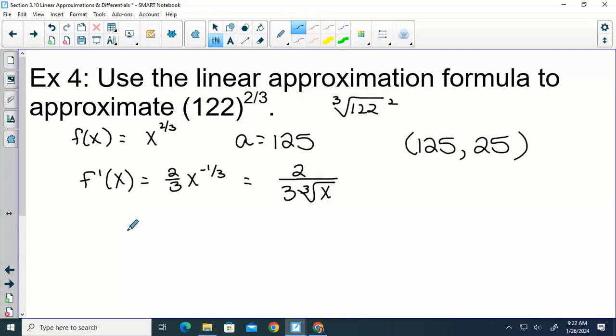So we have to think about, what if we put in a 125? What is the cube root of 125? And 5 times 3? 15. This is the slope.